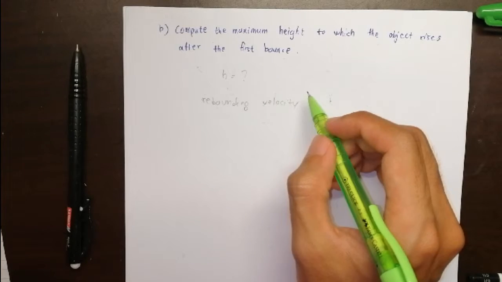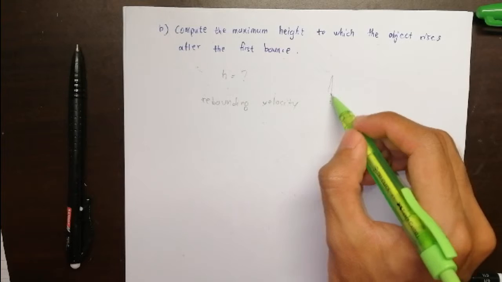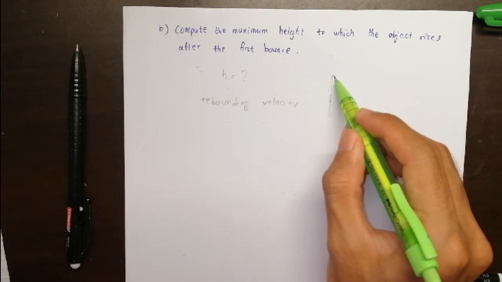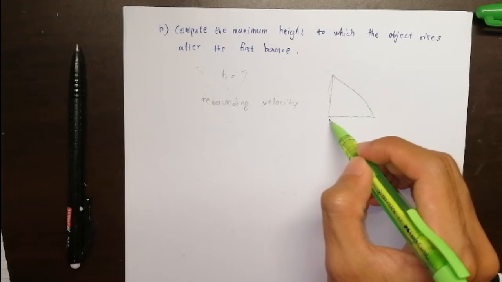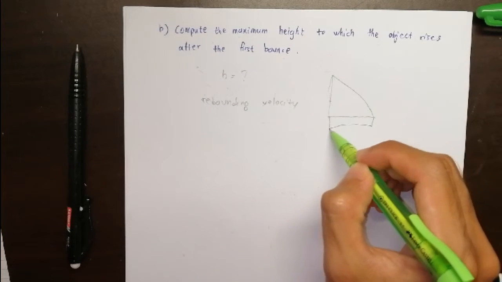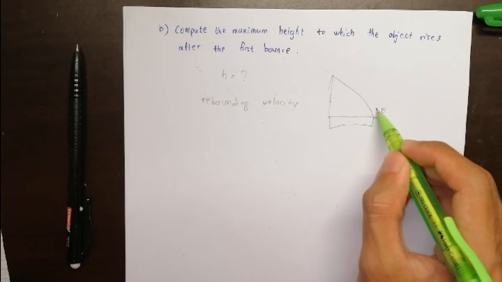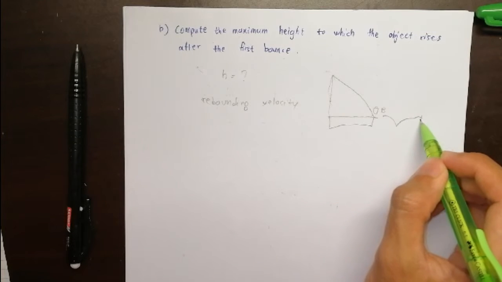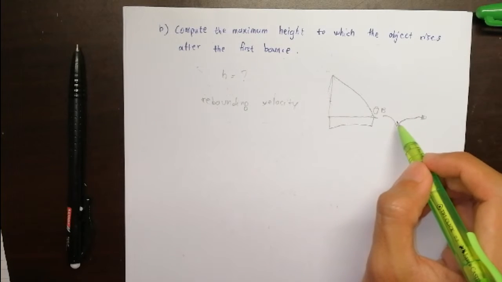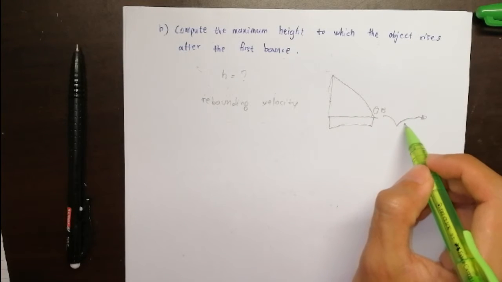The rebounding velocity means that, in this diagram, when the ball reaches B, it will rebound back. The rebounding velocity is here at C, so this is C.